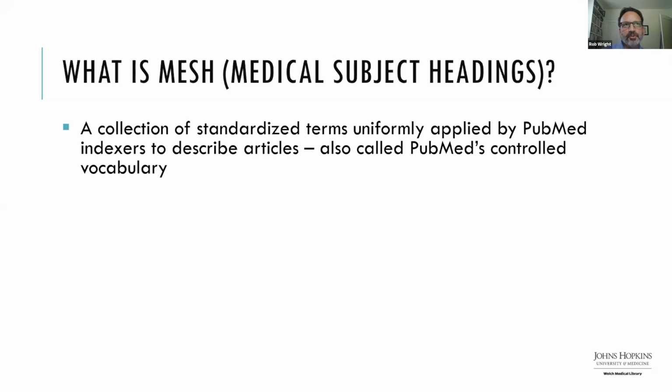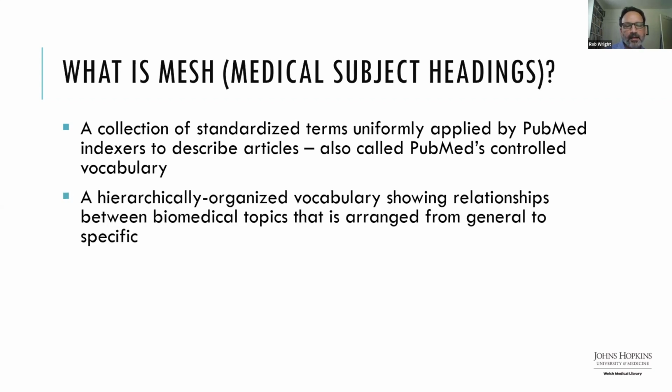This is also referred to as a controlled vocabulary. You might be familiar with other controlled vocabularies like the APA Thesaurus used by PsycInfo or Emtree used by Embase. They're all controlled vocabularies, and have some similar features, including a hierarchical structure.